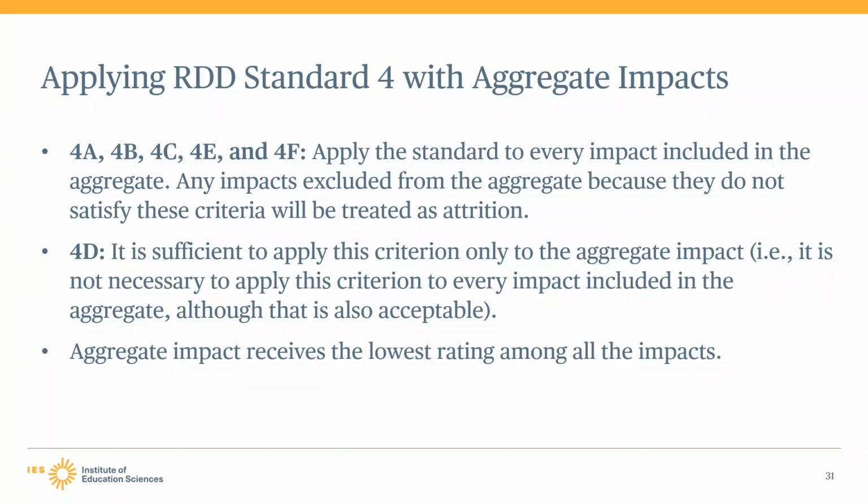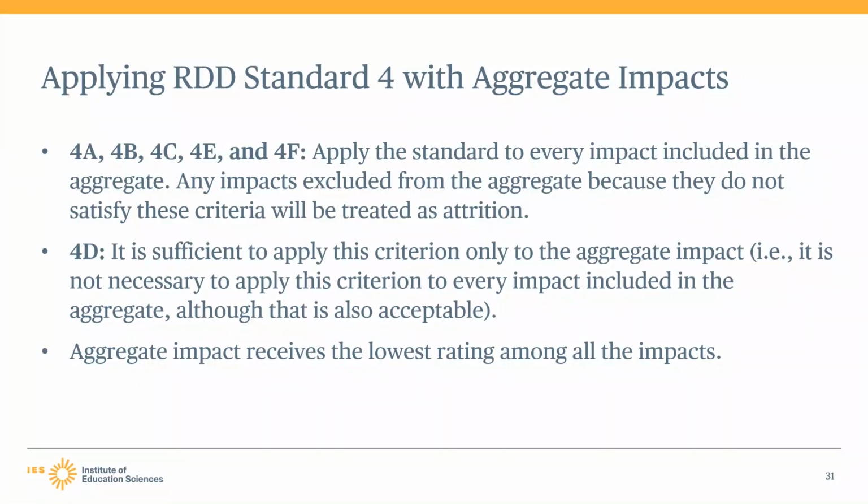Remember that aggregate impacts are defined as those that are calculated as weighted averages of impacts, calculated separately for every combination of forcing variable, cutoff, and sample. When assessing RDD standards 4A, 4B, 4C, 4E, and 4F for aggregate impact findings, the requirements for these criteria must be applied to every impact included in the aggregate.